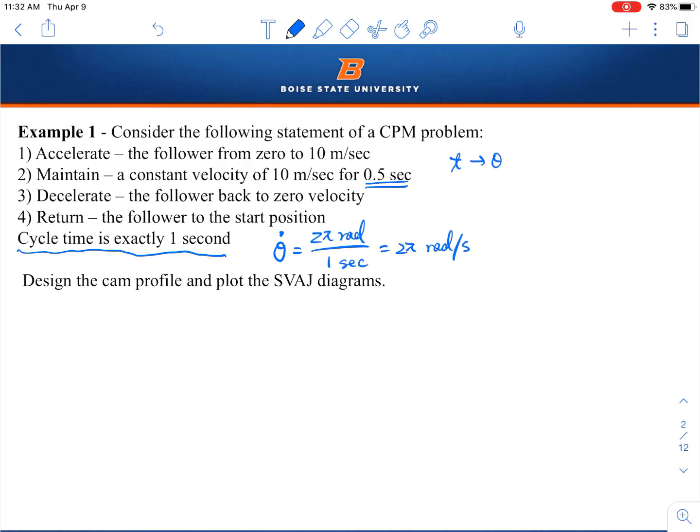So because here we know delta t is 0.5 seconds, then your delta theta is theta dot times delta t. So that is pi radian or 180 degrees. So that means you have to maintain constant speed within 180 degrees. Okay, so the first step is you always convert your time domain requirements to theta domain.